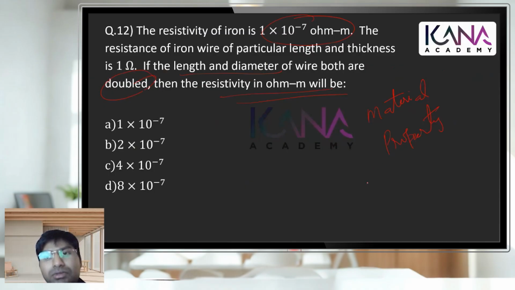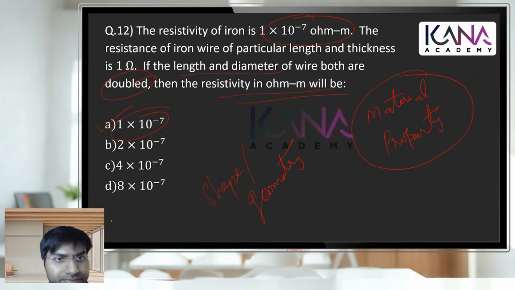Okay. So it depends only on the material and temperature. It does not depend on the shape or geometry. Okay. So it will stay the same. It will stay as what is given in the question.